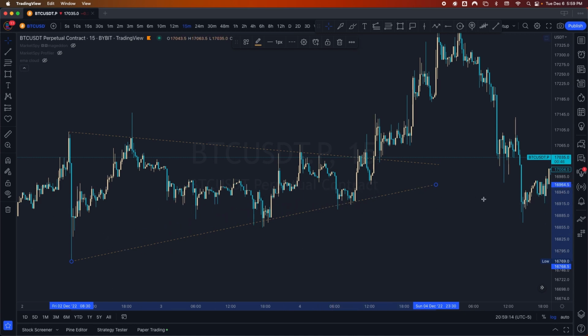We get 9 touches here. That is a very strong trend line. For a fact, 9 times price came into this and it has gotten support. So that's a strong trend line. The more touches, the better. And it has to be reasonable. You can't say, oh, look at that, it touched 1,000,000 times and it broke out.